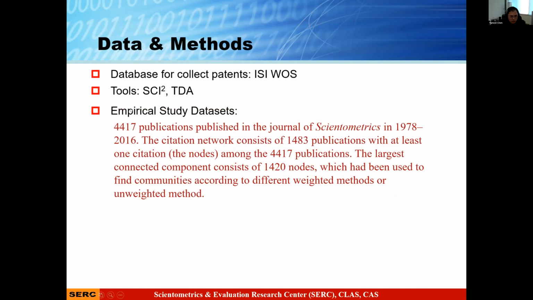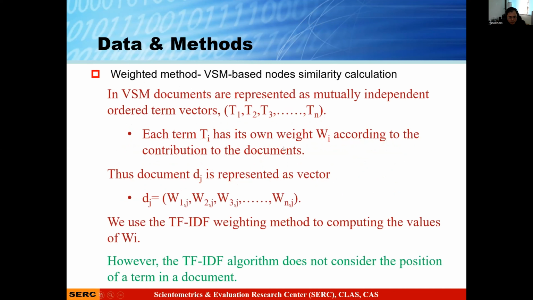The tools are SCI2 and TDA. The database is Web of Science. The data used are 4,470 publications published in the journal Scientometrics until 2016. This is the method.